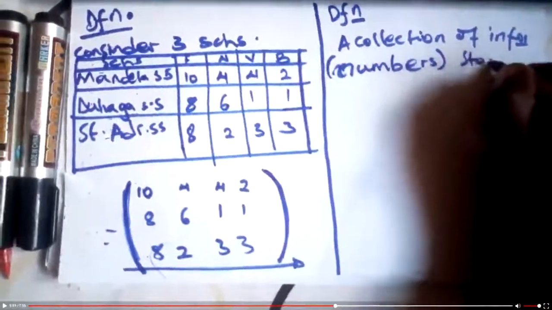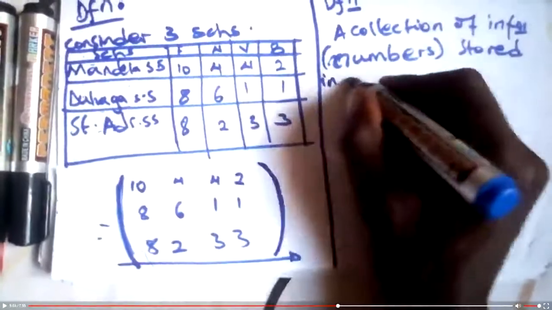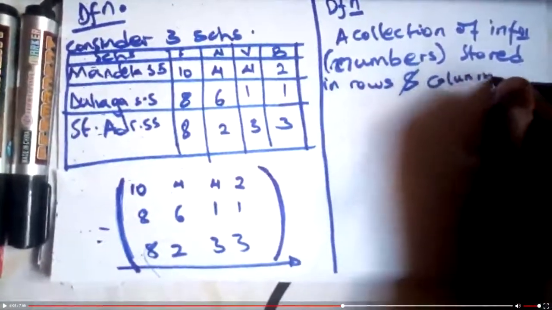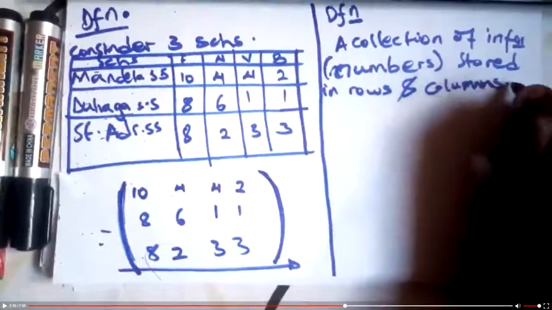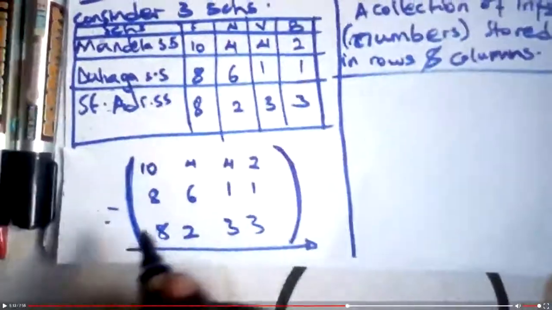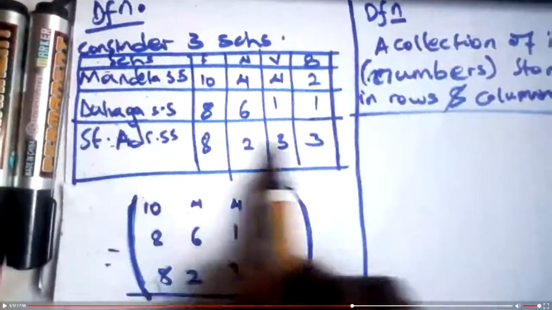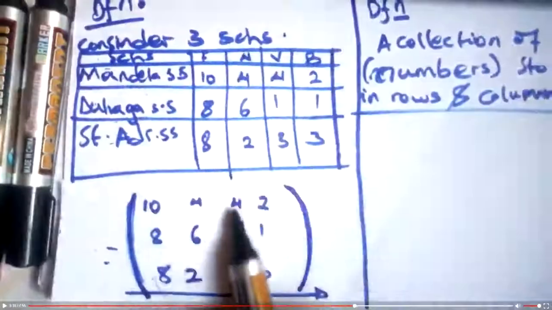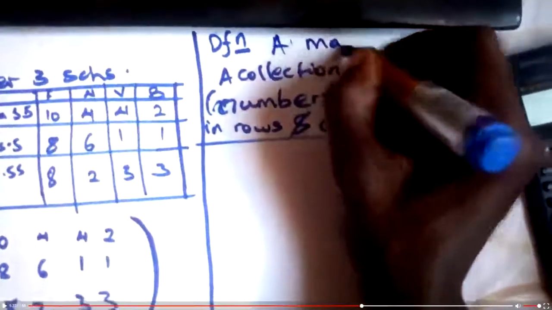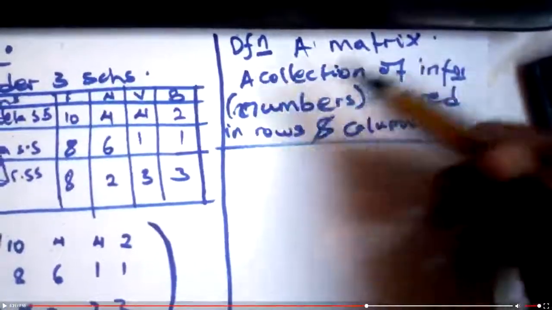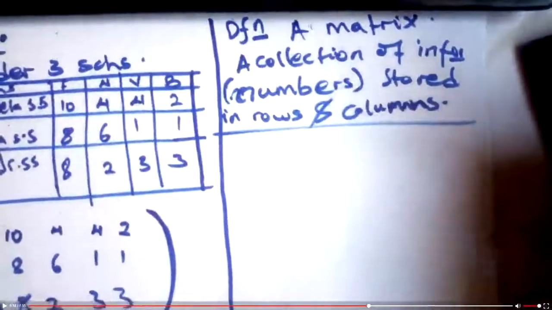stored in rows and columns. If we are to go back here, you can see that this is a row, this is a row, this is a row, this is a column, this is a column, this is a column, this is a column. So if I say that a matrix is a collection of information stored in rows and columns.